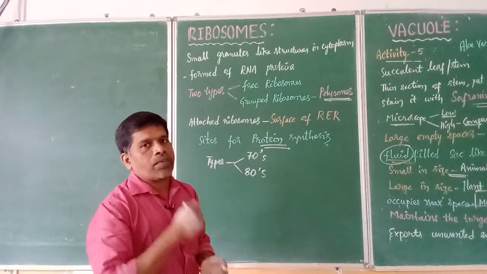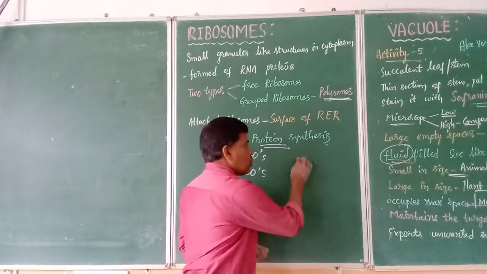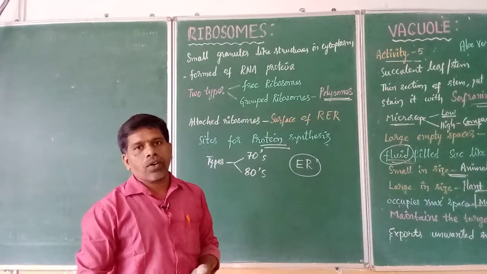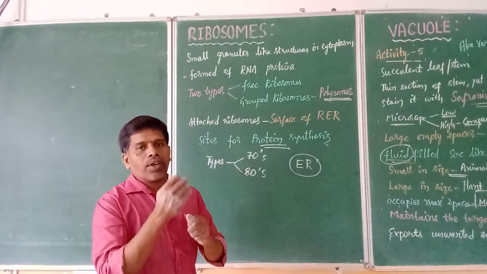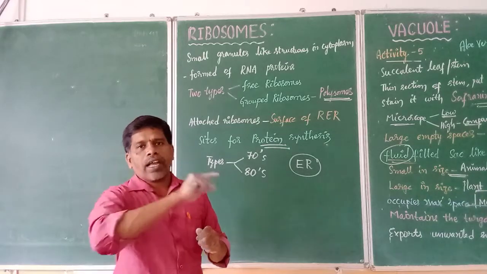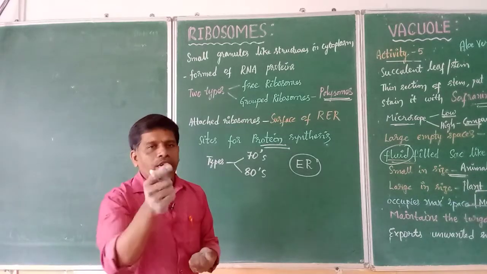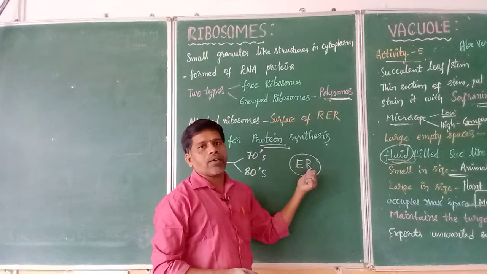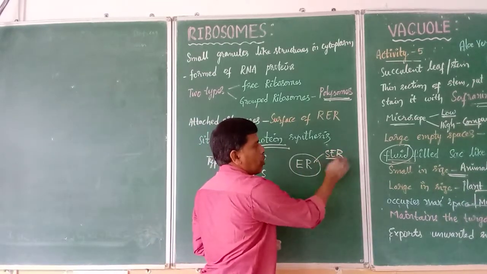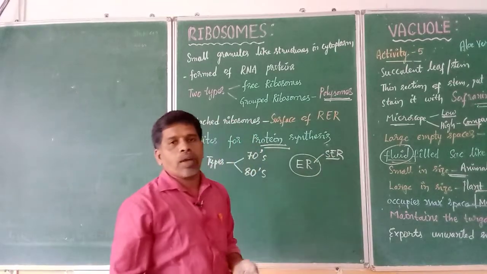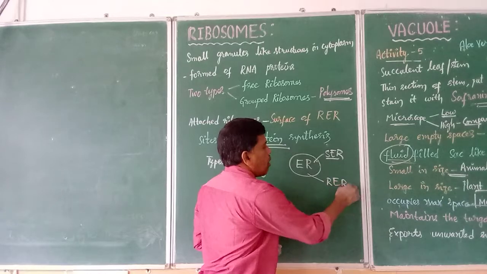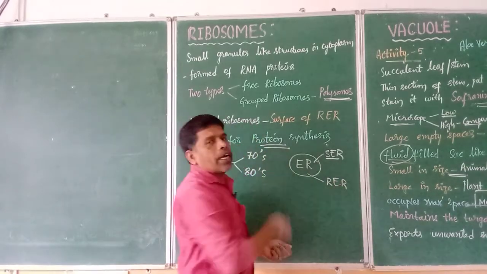And yesterday we saw about the ER. What is this ER? Endoplasmic reticulum. We drew the diagram also of the nucleus. From the nuclear membrane, you can see a number of sac-like, tube-like structures arising, which we call endoplasmic reticulum. We said this is of two types: SER, smooth endoplasmic reticulum, where there are no ribosomes attached, and the second type is called RER, rough endoplasmic reticulum.